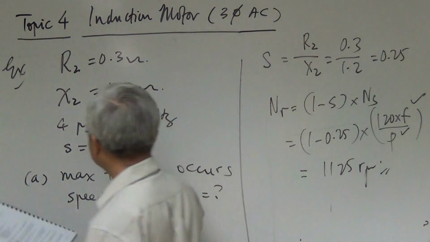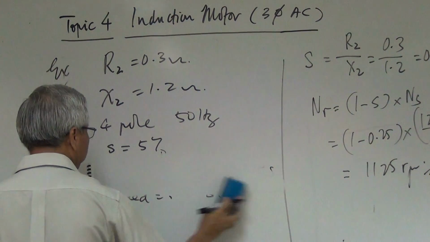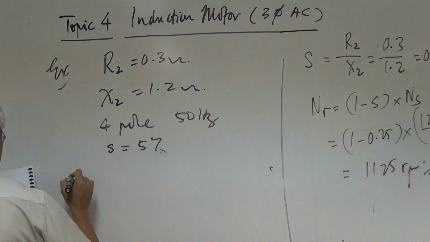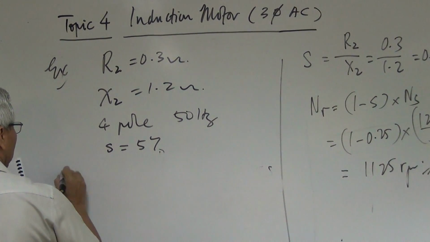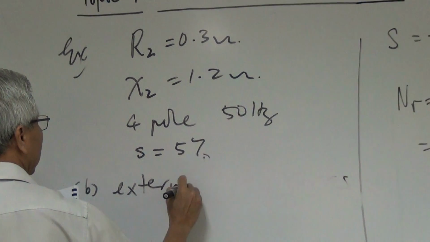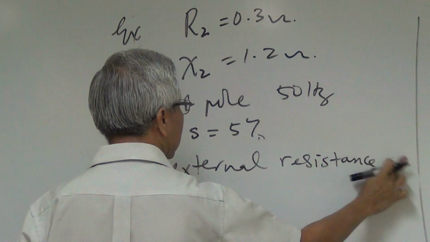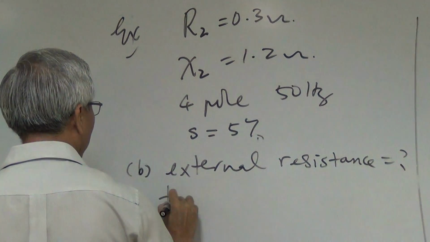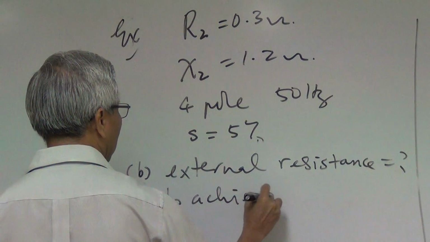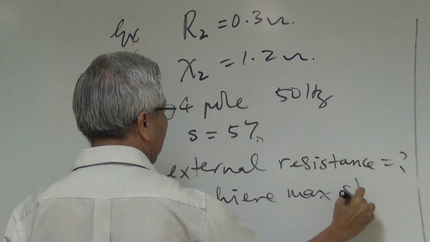Next exercise, same question, but now you are asked to find the external resistance needed to achieve maximum starting torque.